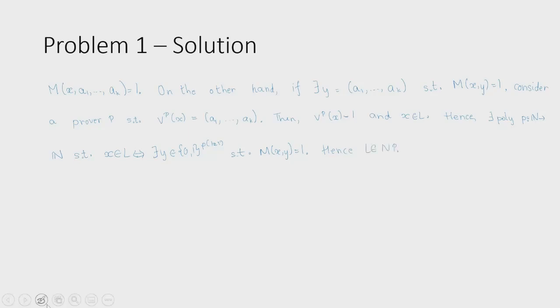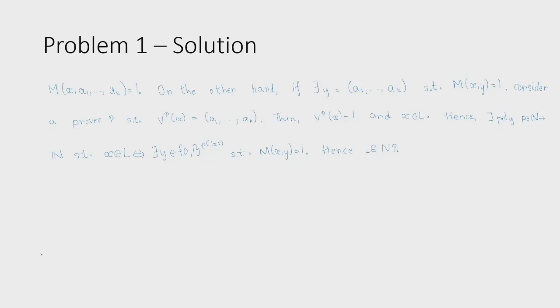And this proves the claim. This polynomial P can be derived from K by multiplying K with the size of the largest A1 to AK string. So this is related to K, but not exactly K.